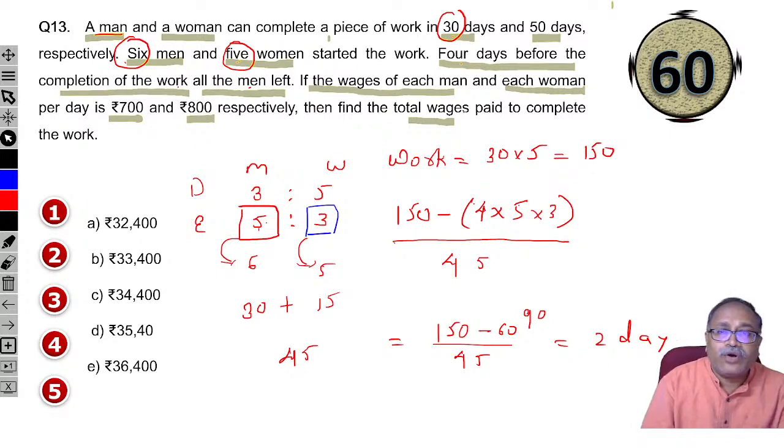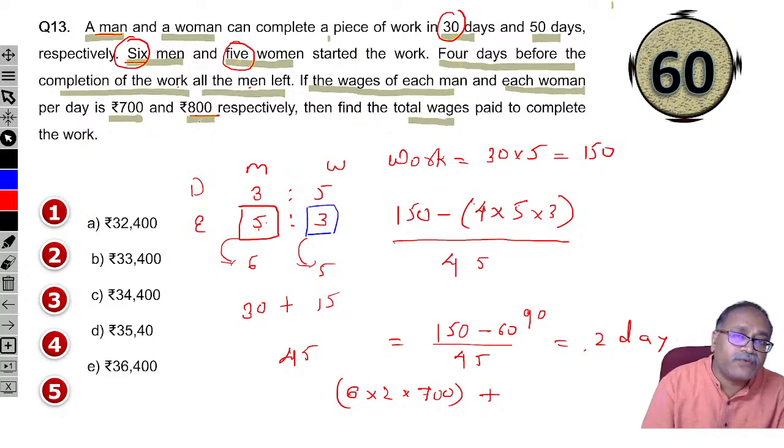Okay. Now what is the total number of days? The 6 men worked only for 2 days. So what will be their wages? 6 into 2, and each of them has 700 rupees, plus what is the wages of a woman? 800.